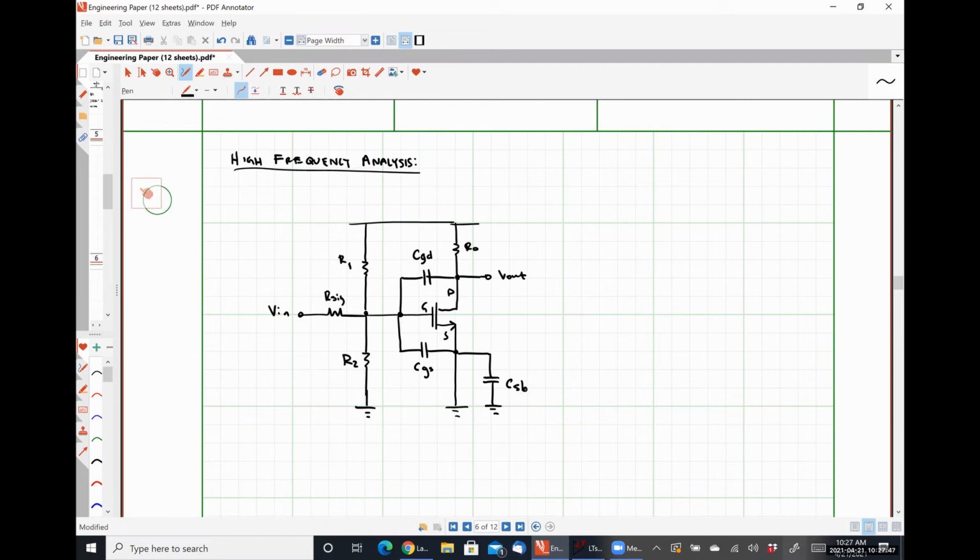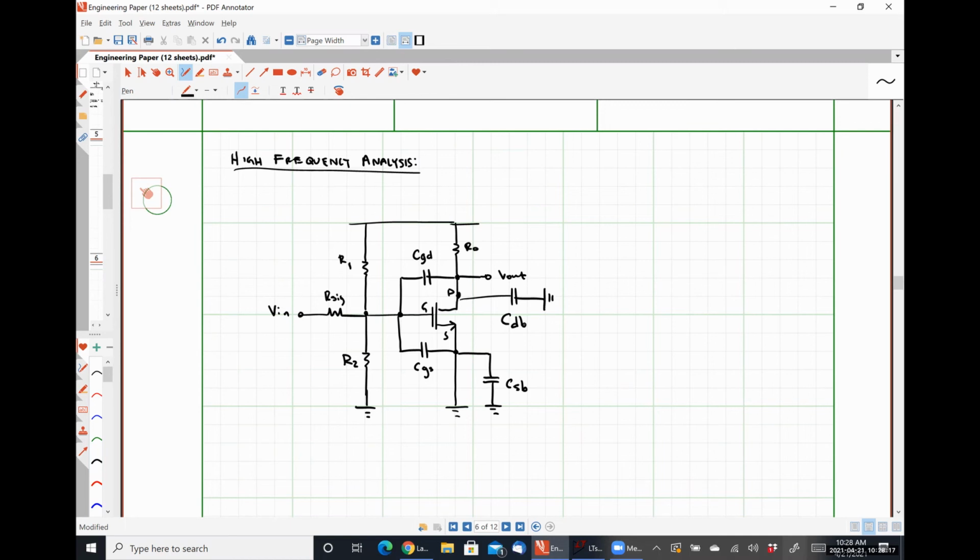Notice CSB is grounded on both sides, so we're going to throw it away, which is why I do not understand why the textbook keeps it, because we throw it away every time, but whatever. Or at least for all of these single stage amplifiers. And then we also have a capacitance between our drain and our body. So I'm going to tuck that guy in right here. CDB.